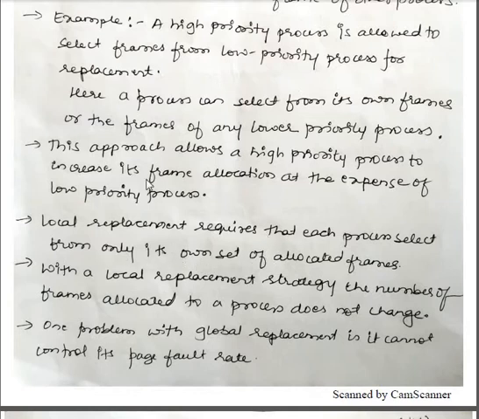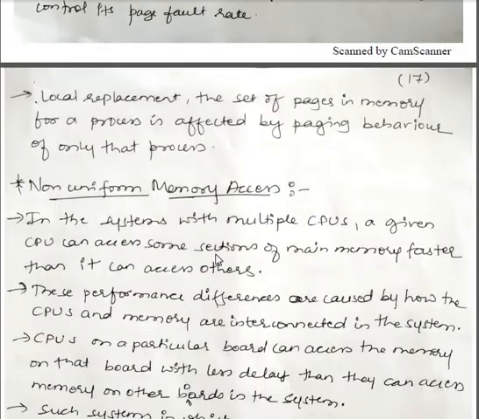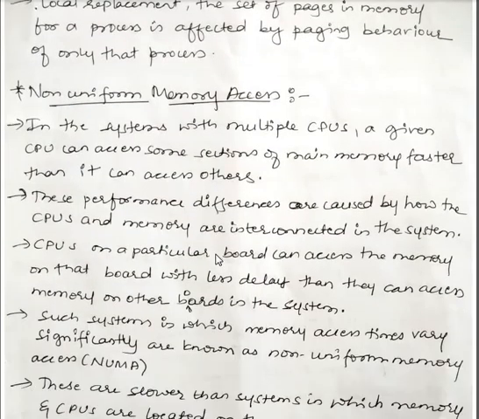In global replacement, it takes the frames of other processes, so the number of frames goes on increasing there. But in local replacement, it only selects from its own allocated frame set. That is why the number of frames is fixed here. They do not change while executing. So page faults can be controlled because it selects only from its own set of allocated frames. This is the difference between the local and the global replacement algorithms.